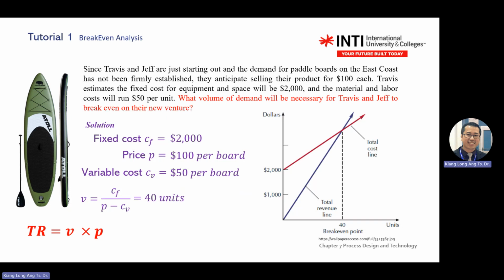The red line, how do you find it? The red line is TC equal to CF plus VC times V. It intersects at the fixed cost. How do you find the fixed cost? The statement is here: the estimated fixed cost will be 2,000. So you start with 2,000, then calculate the gradient M, then draw the red line. If you draw the graph, you can find the intersection point, extend down, and get 40. But by calculation, you can already get 40.